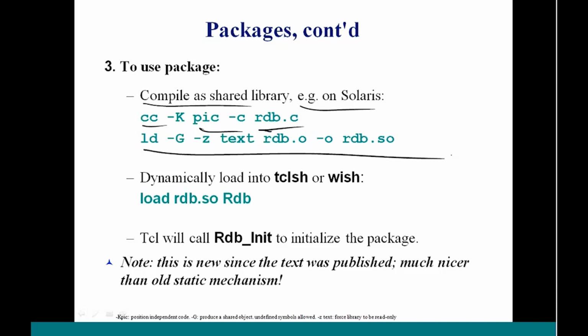We can also dynamically load Tcl programs, but mostly into tclsh or wish. These are the two shells that can load the programs, and then Tcl will call rdb init to initialize the package. The command for dynamically loading is load rdb.so and then rdb.